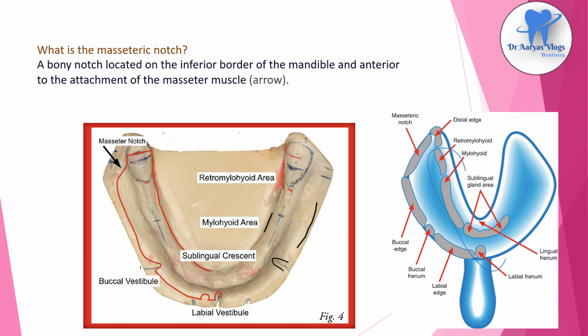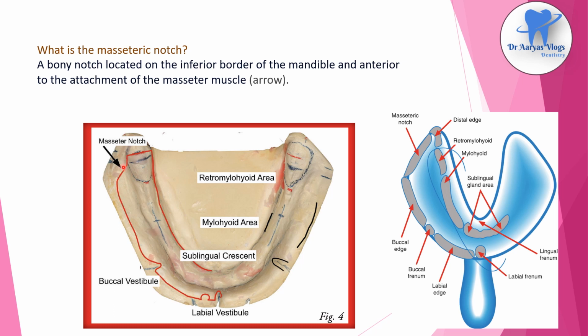And to record the action of the masseter muscle, the patient is asked to willfully close his mouth against resistance. Here this is the masseteric notch, and this notch is where the masseter muscle acting on the buccinator produces a depression in the impression.